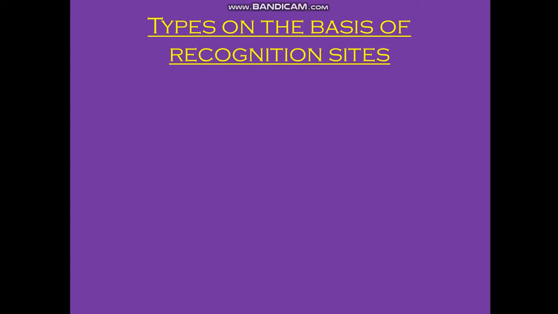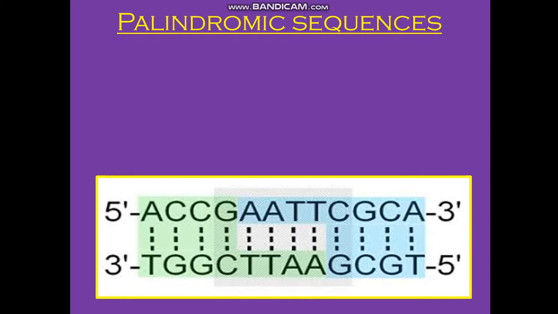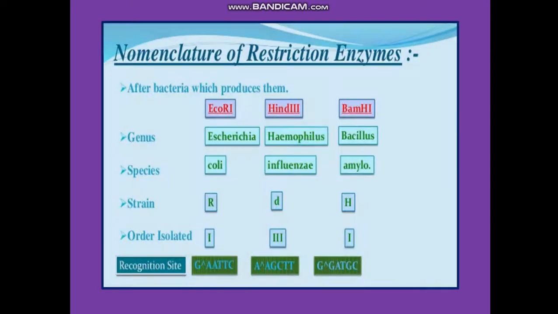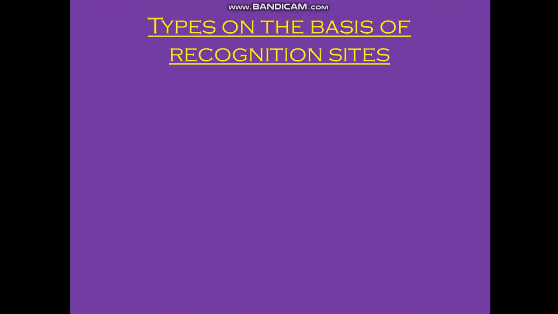Now, the types. We will be classifying restriction enzymes on two bases. This is the first, the types of restriction enzymes on the basis of the recognition sites where they produce the cut.